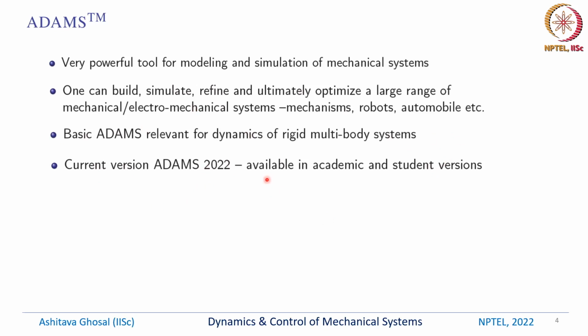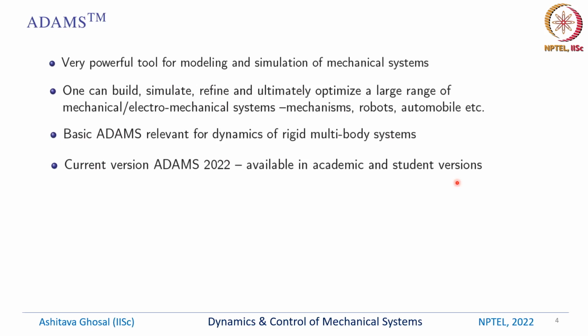The current version of Adams is 2022 and it is available in academic and student versions. In the student versions you cannot build very big mechanical systems, but nevertheless you can learn Adams. And the student version is free as long as you write to the company and say that you are a regular student of such and such university or college.